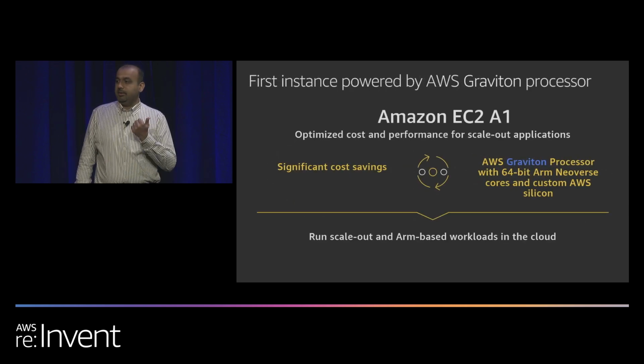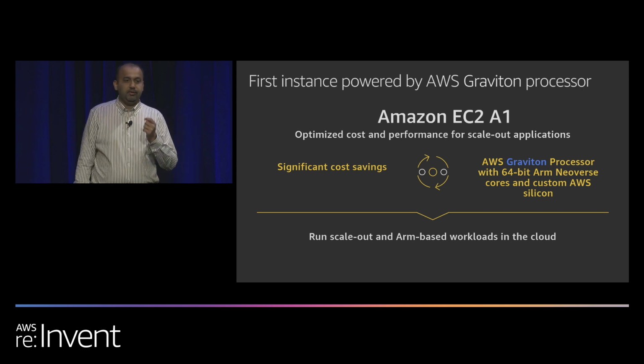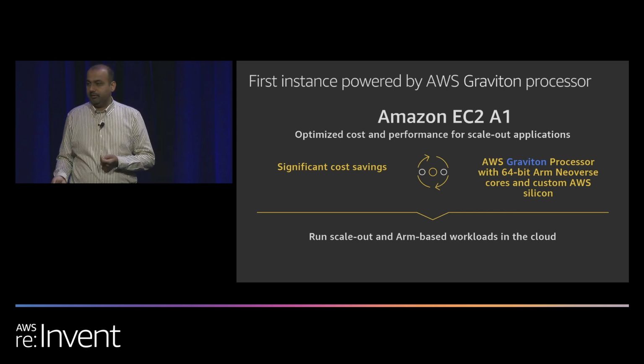So the first instance that was powered by the Graviton CPU is the A1 instance that, again, we announced last year at reInvent. And we specifically targeted the A1 for scale-out workloads that are more I/O bound. And for those workloads, the A1 instance delivers significant cost savings.